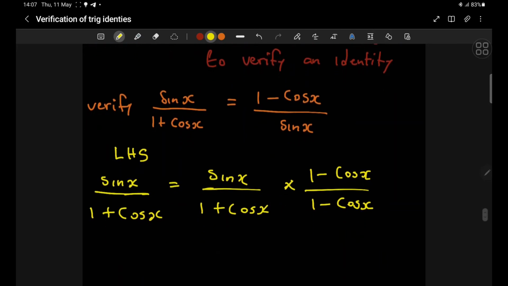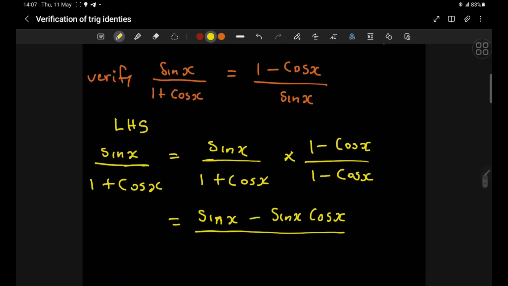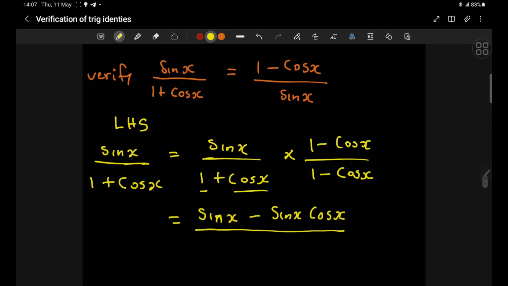And when we multiply the numerator, we'll have sine x minus sine x cos x. Then below, since this is a conjugate, we'll just square and subtract them. So that is 1 minus cos squared x.